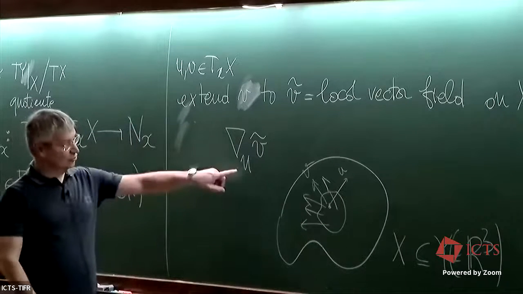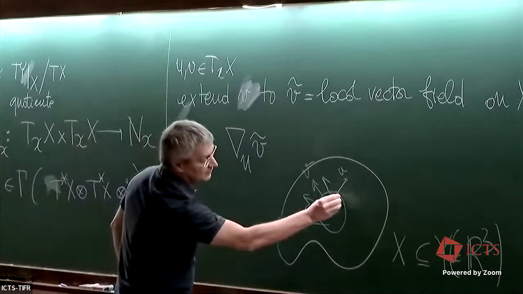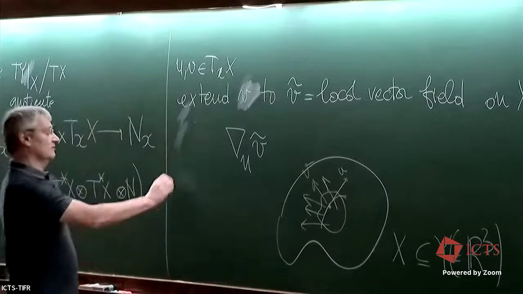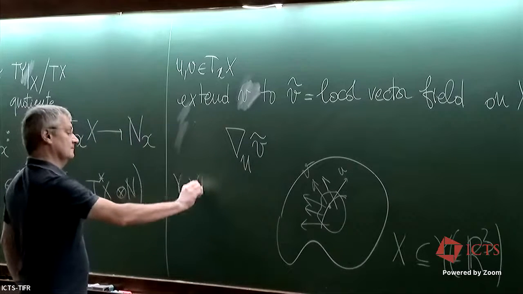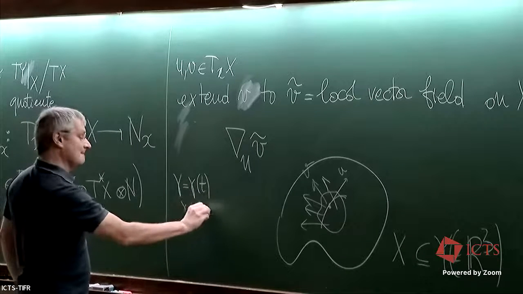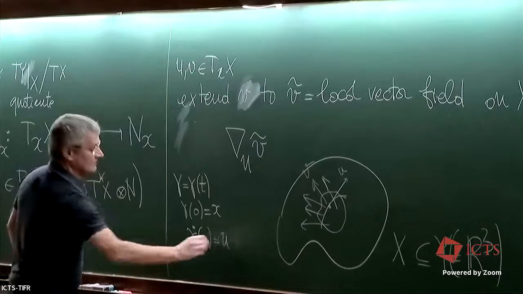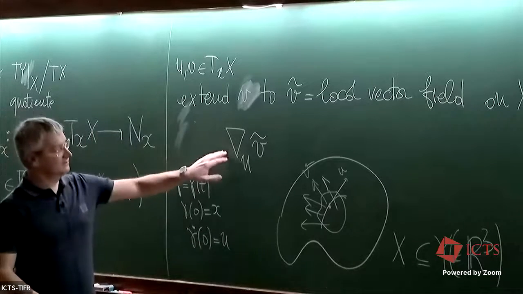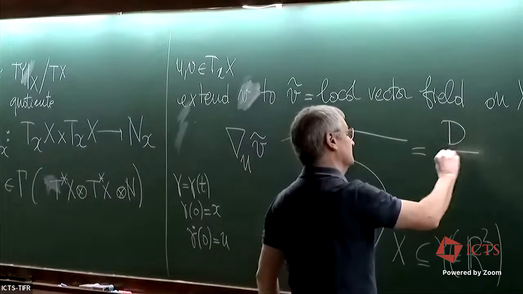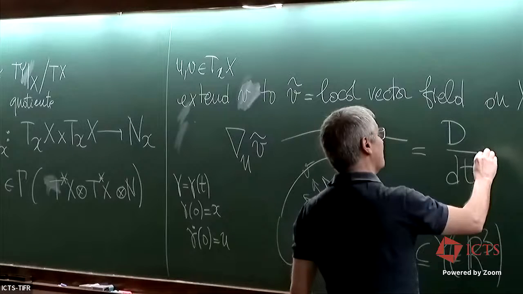Then if I want to compute this derivative, I just need to choose a curve here that is tangent to U. So if gamma t is tangent to U, then I can compute this derivative right here as a covariant derivative along gamma.